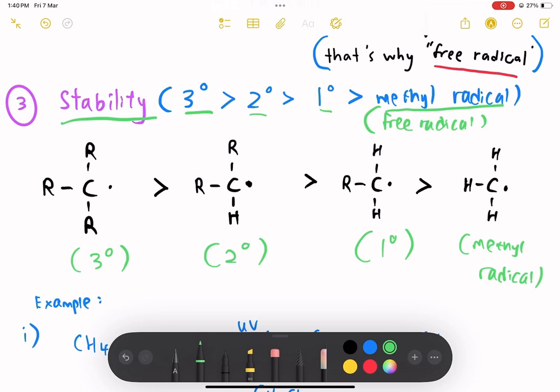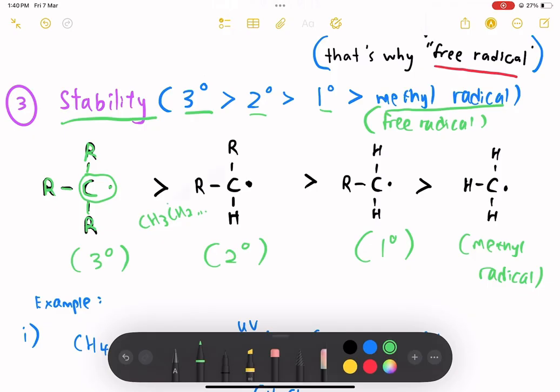For tertiary, you can see this free radical is attached to 3 R, 3 alkyl groups. Alkyl groups are those with CH3, CH2.